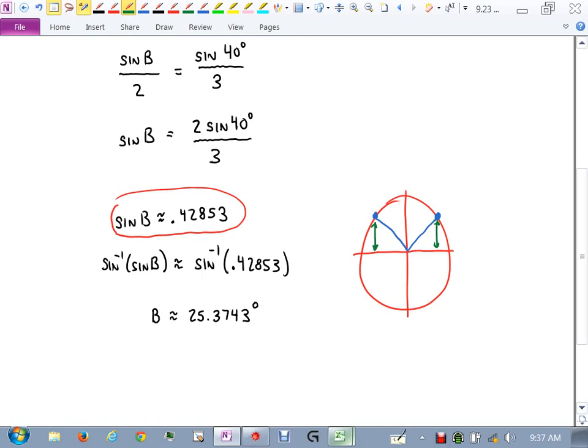So the first angle over there, when the computer spit back 25 degrees, the reason why the computer spit back the 25 and not the one in the second quadrant is because when we do inverse sine, the computer cuts off the second and the third quadrants, doesn't it? The computer says, you can't have that. But in reality, all we know is that sine of B must be 0.428.